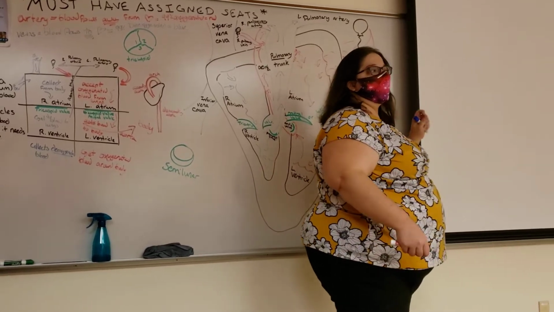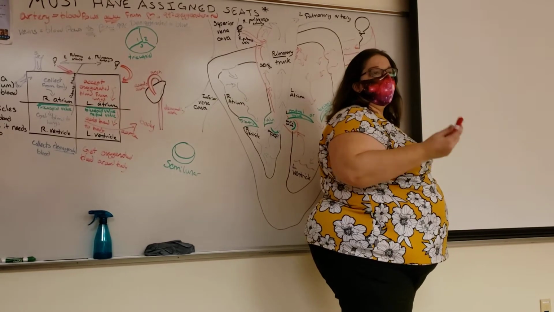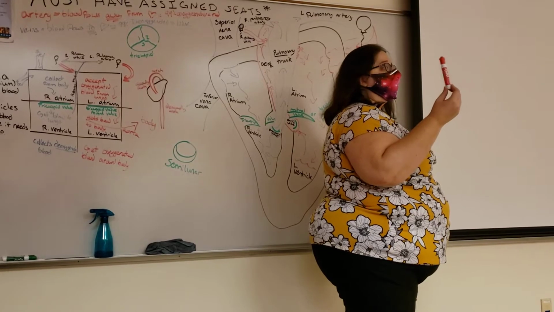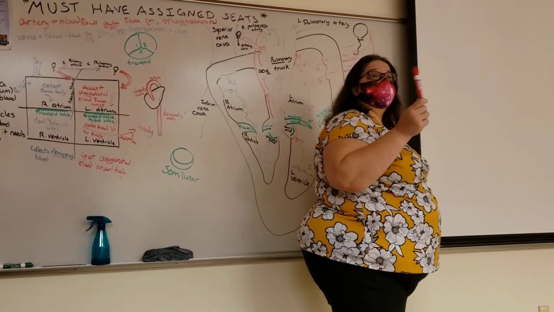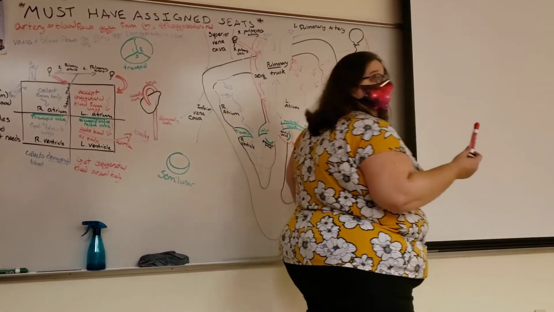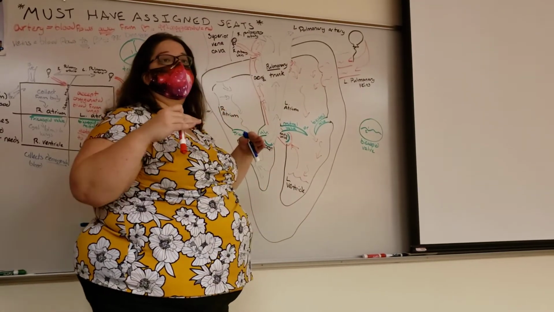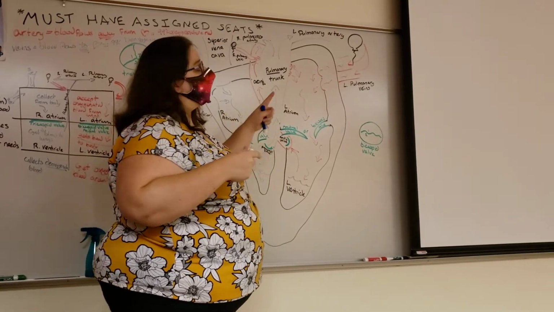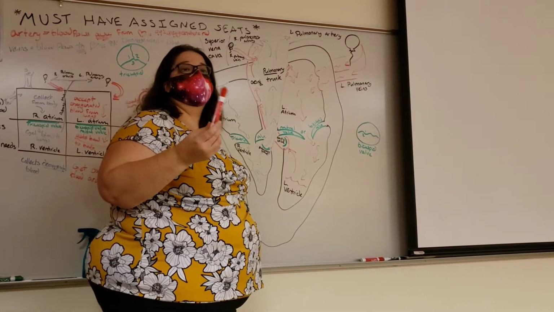But because it is newly oxygenated blood from the lungs to the heart, it has oxygen. Those veins in your system are always colored on all of the models and in your textbooks as red, because the blood has oxygen in it, right? Those are your trick questions, because your pulmonary arteries are the only arteries that carry deoxygenated blood, and your pulmonary veins are the only veins that carry oxygenated blood.